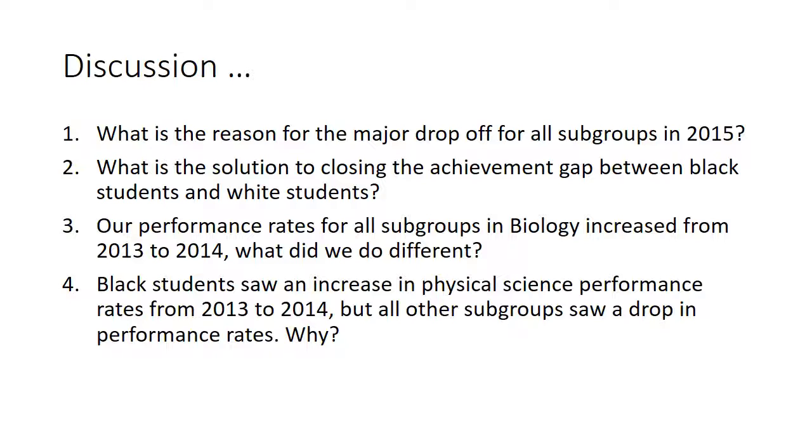Now this is a positive, and maybe we can collaborate and talk as a data team and see what we did different, or what we can assume could possibly have taken place and why, so we can repeat it and possibly increase the numbers in the black population.